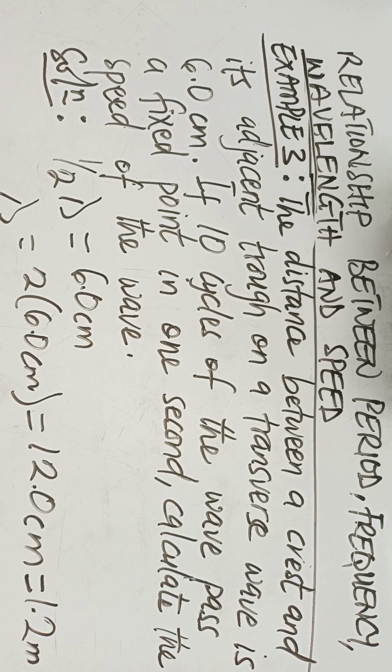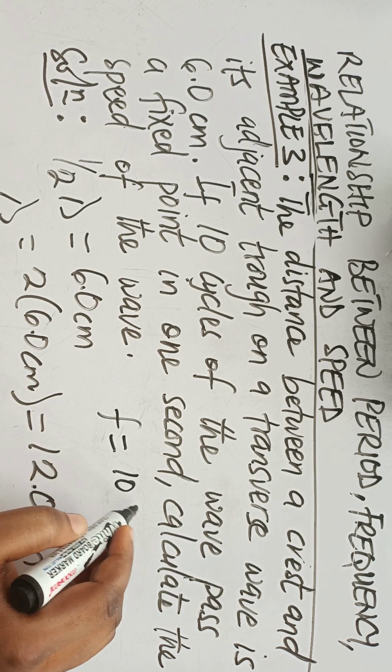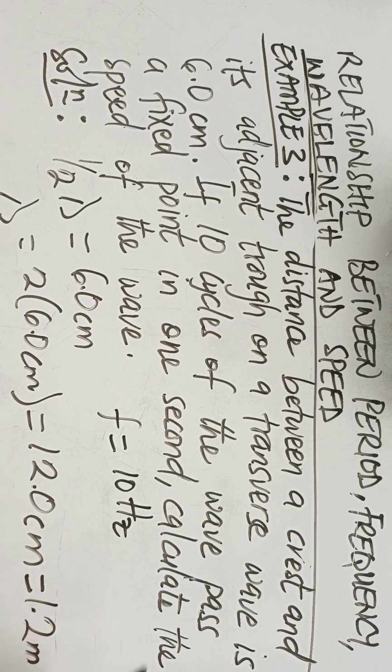Again, from the preamble to the question, we are told that 10 cycles of the wave pass through a fixed point in 1 second. So this tells us that the frequency is 10. 10 cycles per second means the frequency is 10 hertz.